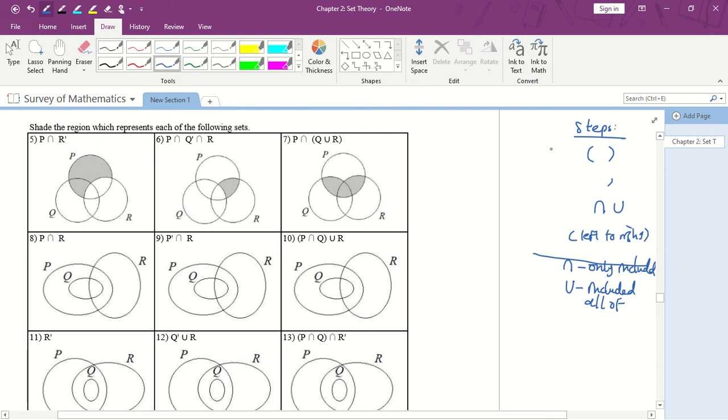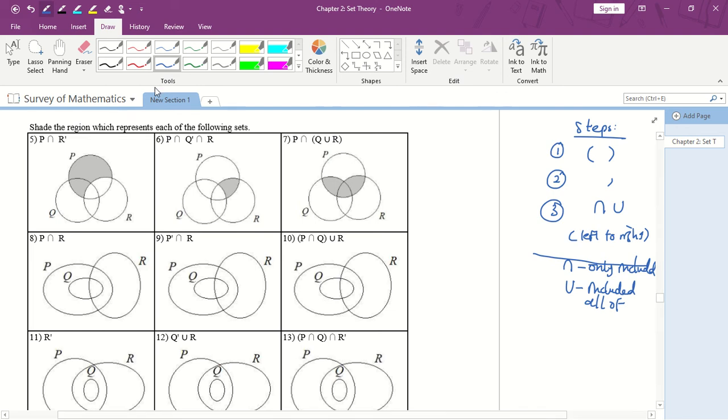Steps. The first thing when you do is the parenthesis. Second is prime, and third is the intersect or union sign. Since this question doesn't have the parenthesis, of course we'll do the prime first. So R prime. What is R prime?